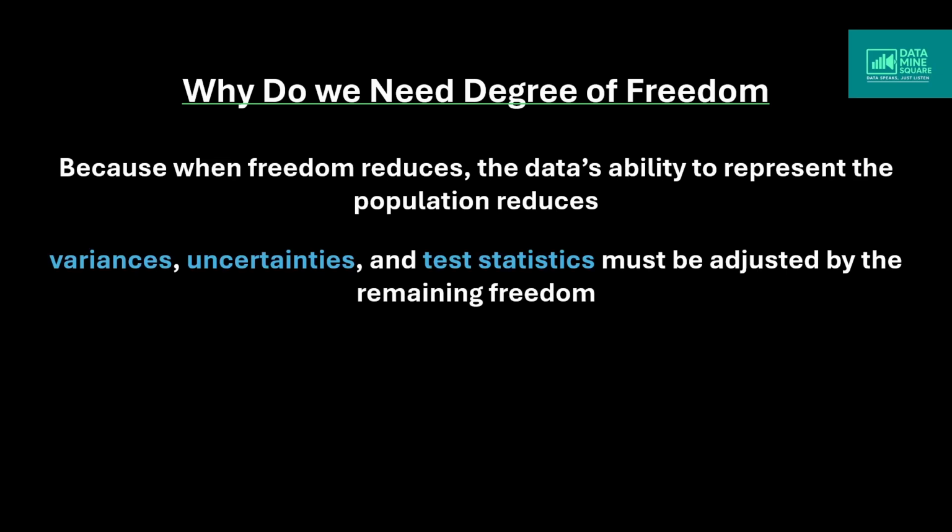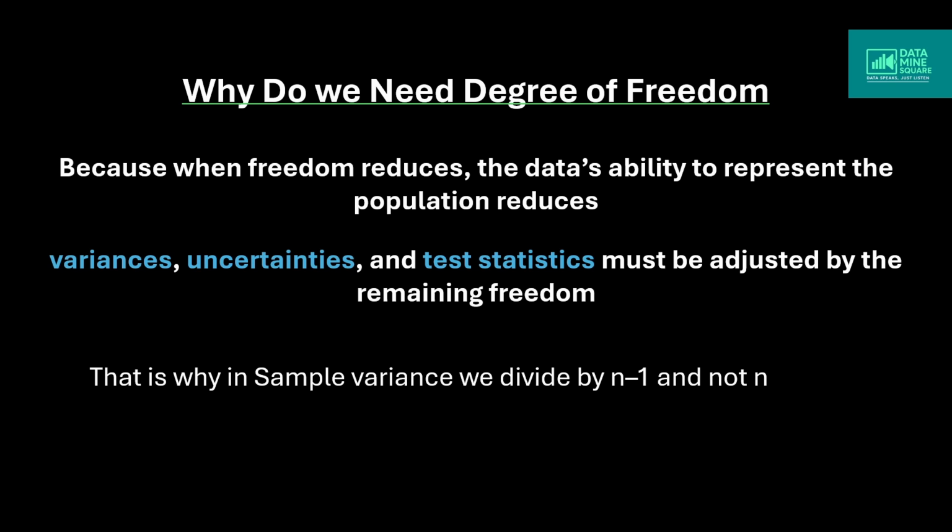Whenever the degree of freedom reduces, we adjust the variances, uncertainties, and test statistics with the remaining degree of freedom in a way that the particular sample will represent the data in a better way. That is why we use n-1, not n, in sample variance. I will show you why n-1 gives a better representation of the population than n.